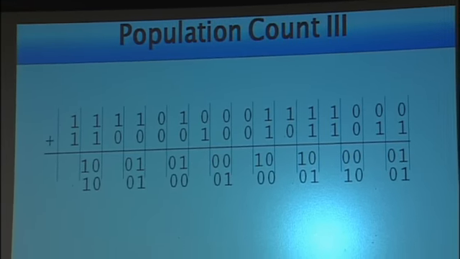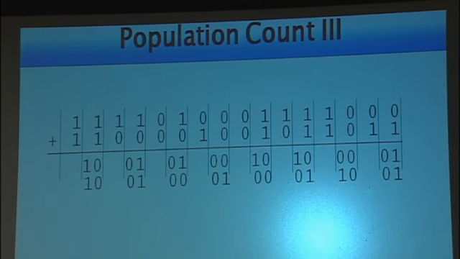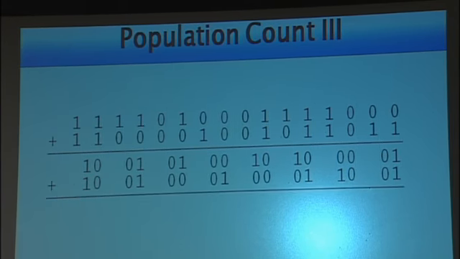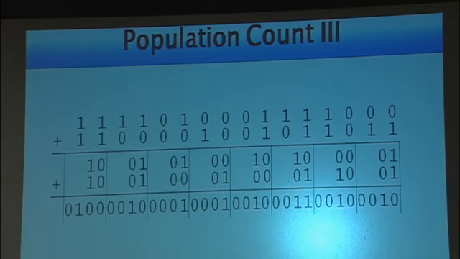We mask and shift, and take off every 2 pairs of bits, and then add them together. Now this one is saying there are 4 bits that were originally in the word. This one says there are 2 bits in that range, 1 bit, 1 bit, 2 bits, 3 bits, 2 bits, 2 bits.